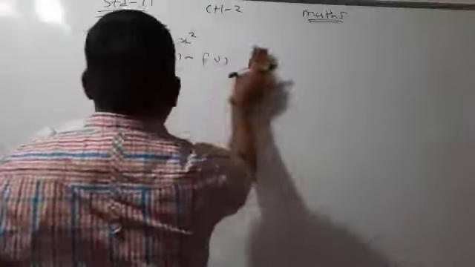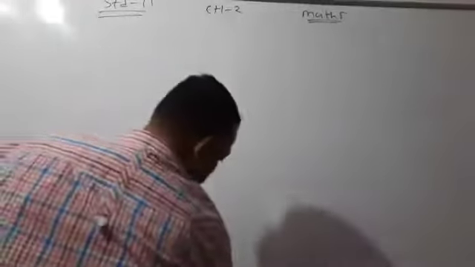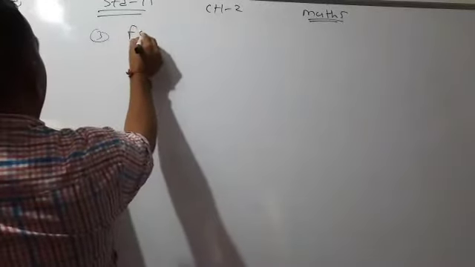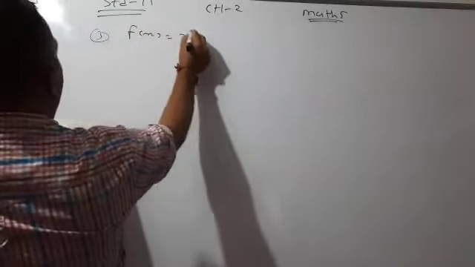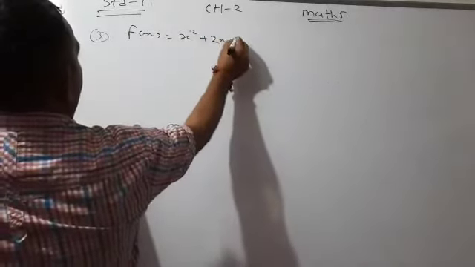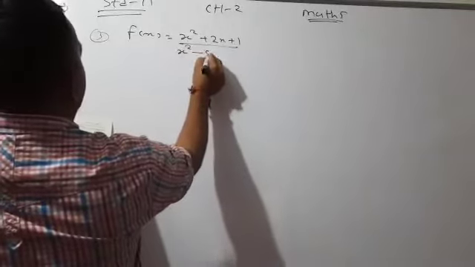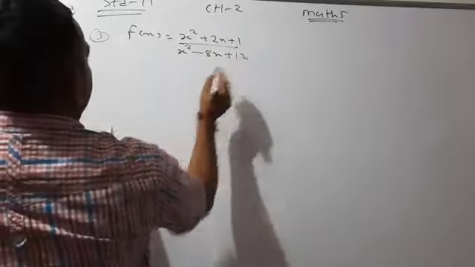See, in the third question, domain means possible values of x. Here f(x) is given as x square plus 2x plus 1, and the denominator is x square minus 8x plus 12.